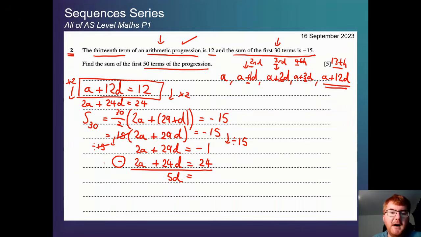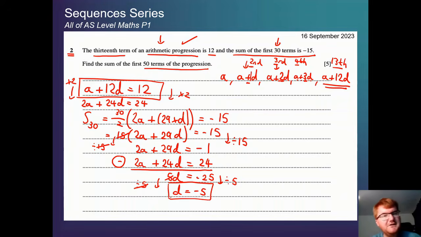Minus 1 minus 24 is minus 25. And it's always a good sign because now we're going to divide by 5 on both sides because our common difference here is a whole number. If this is happening, then you're probably on the right track. Again, there could be a 2.5, this is true, but usually these differences are generally whole numbers on this paper. So now we know d is equal to minus 5.